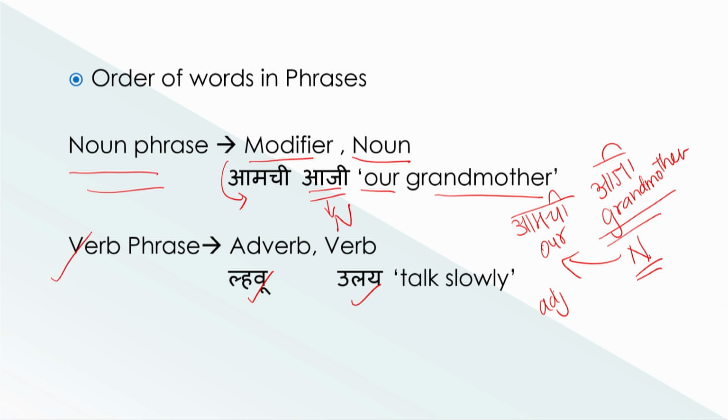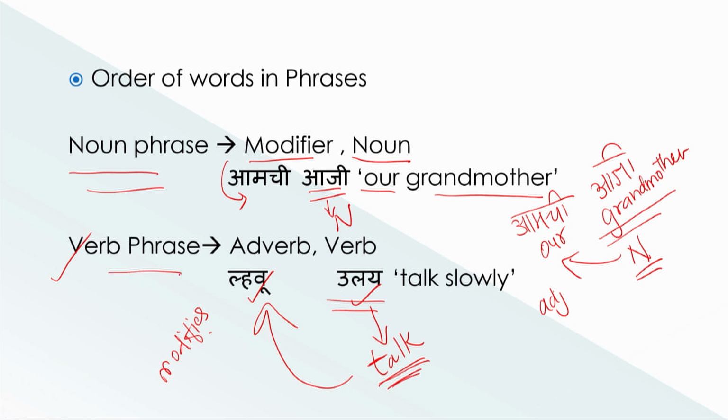In the second phrase, the phrase is a verb phrase because the main word in the phrase is a verb. Ulay is to talk. How should you talk? Slowly. So this word gives more information, or it modifies the verb to talk. Therefore, this is a verb phrase. Therefore, the word order of phrases is first the modifier everywhere and then the main word.